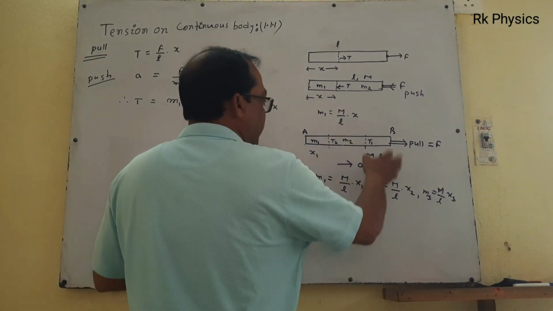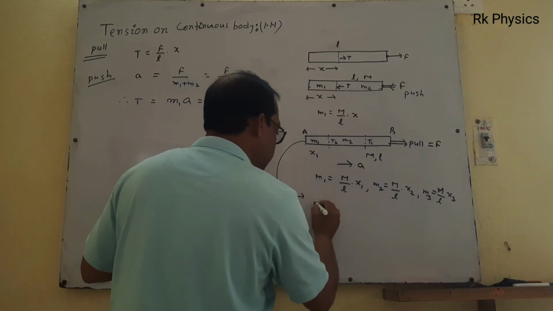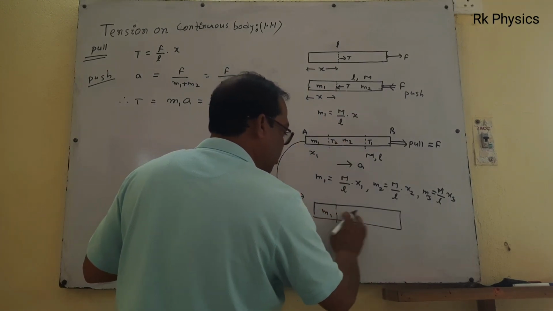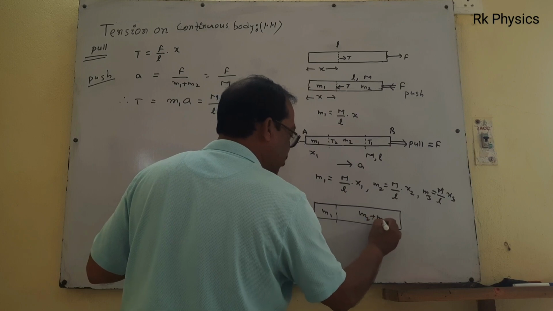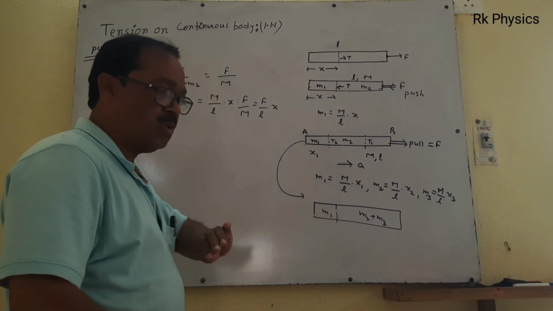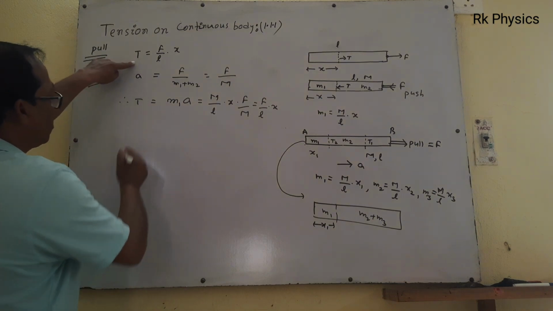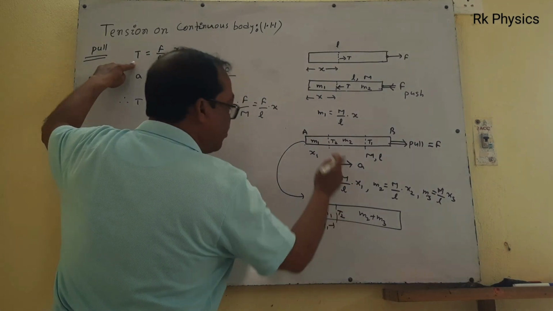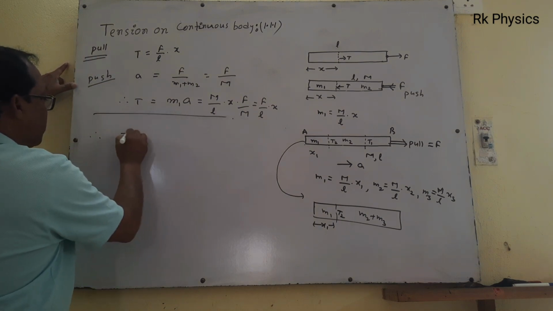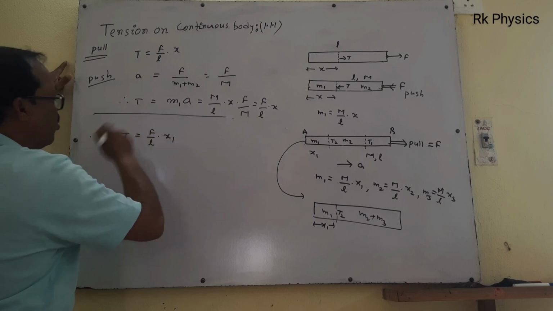Now, if you imagine a force pulling this system, this is an object. Now, this is the first section m1. This is the second section, that is m2 plus m3. If you imagine the rod like this, then this distance is x1. So you can use this formula directly. Here the tension is, I am writing T2 instead of T. Therefore, you can write T equal to F divided by L into x1.